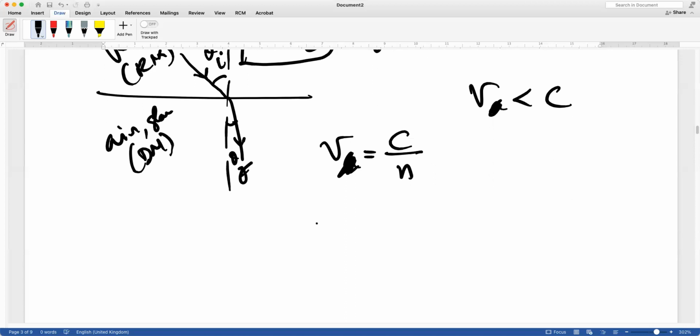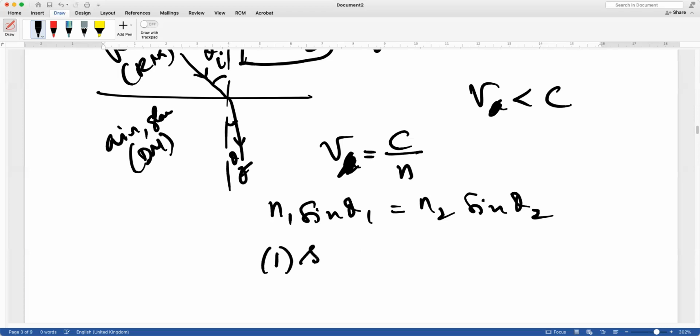Now we could easily write, we know the general formula is N1 sine theta 1 is equal to N2 sine theta 2. Plug it in. N1 is our 1 in our case, vacuum, multiplied by sine of theta incident, which is equal to N2, our general refractive index of the second medium, times the sine of the refracted angle.